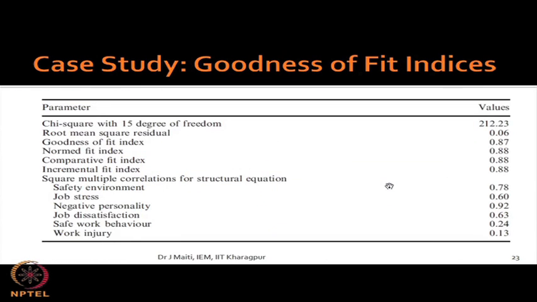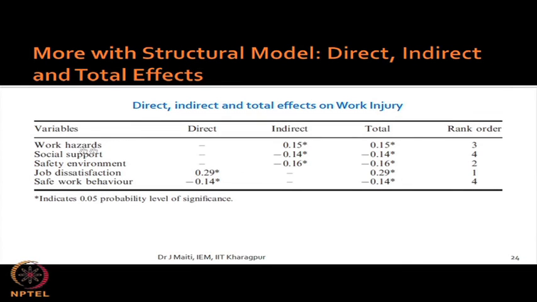See the result here: work hazard has no direct effect. Direct effect plus indirect effect is the total effect. In that manner we calculated and found that job dissatisfaction is the main reason for work injury, followed by safety environment. Safe work behavior is in the 4th position.